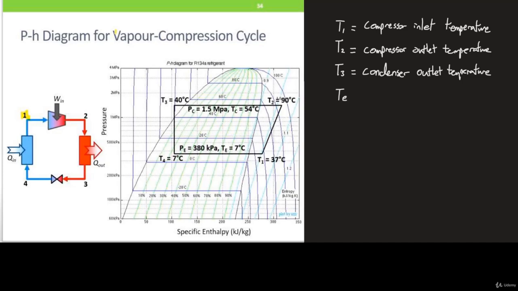How about TE? You notice there's a TE and TC. TE is at the bottom line, TC is at the top line. Same thing, T represents temperature, and TE is your evaporating temperature, and TC will be your condensing temperature.